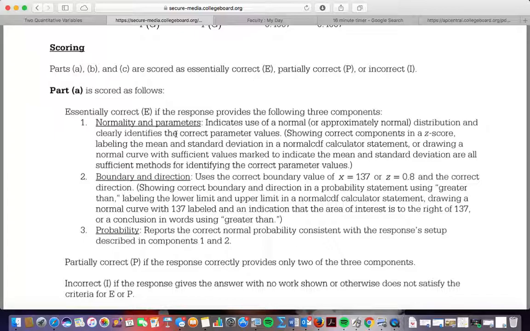Number 2, we have to use the correct boundary of X being the value and the Z-score being 0.8. Again, if you used your normal CDF and you showed work, you're fine. It shows here the lower and the upper. That's why you have to put the formula there. And then number 3, we have to report the correct probability consistent with the response from numbers 1 and 2.